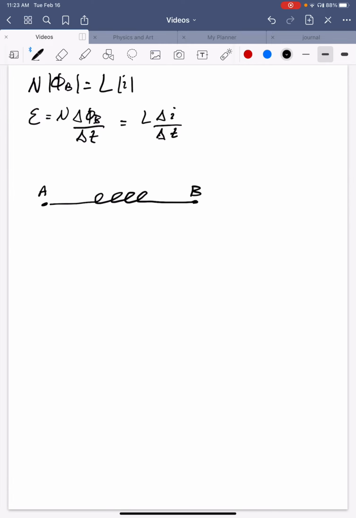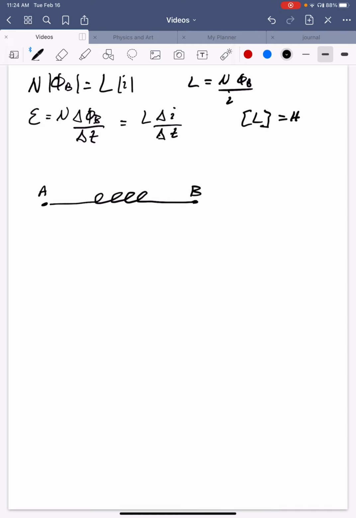And we're going to define the inductance, or self-inductance, L as L I equals N phi b, or L equals N phi b over I. And that leads us to the EMF generated in my coil is equal to this constant L, the inductance, which is in units of henries, which are enormous units, and then delta I over delta t.